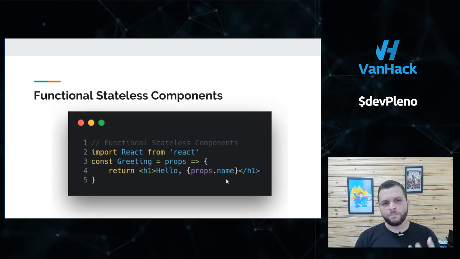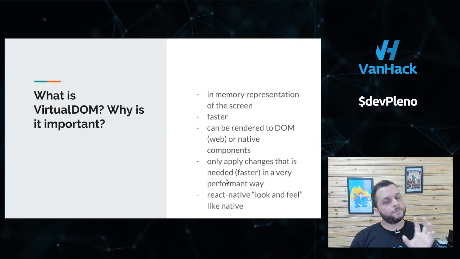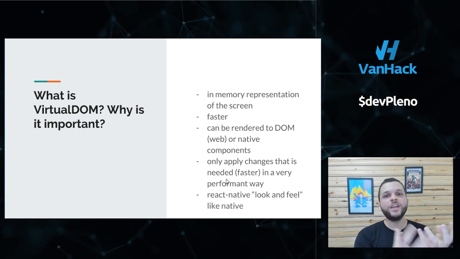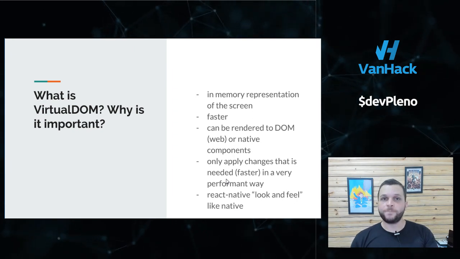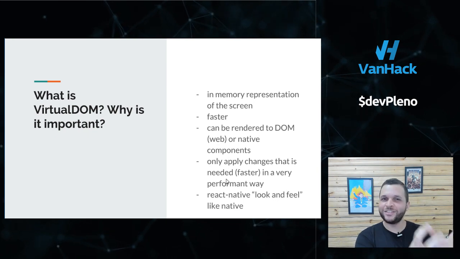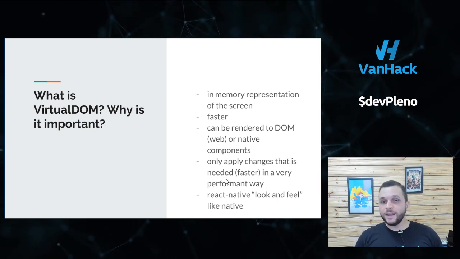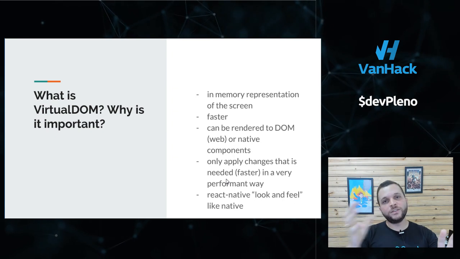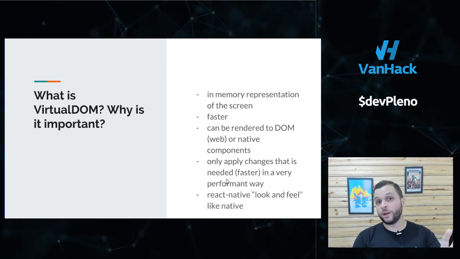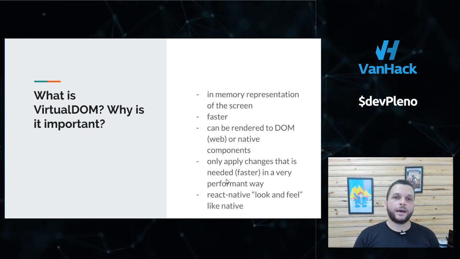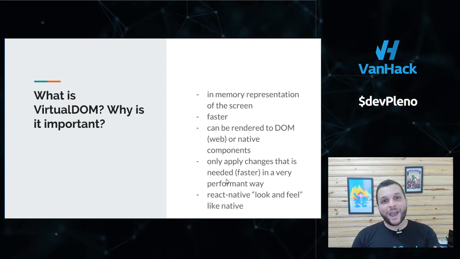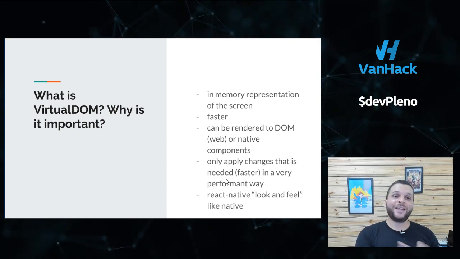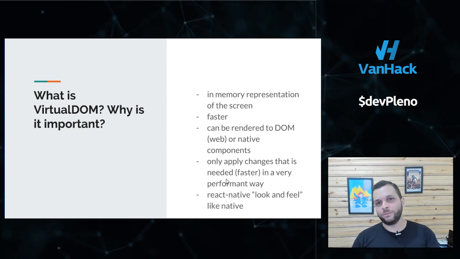So why is this so important? Because we can make mutations on this virtual DOM, in this structure, faster. So we can change this structure, and later React just translates this structure to the real DOM, for example. So this virtual DOM can be translated to the real DOM. And why is this so important to React Native or to create mobile apps?